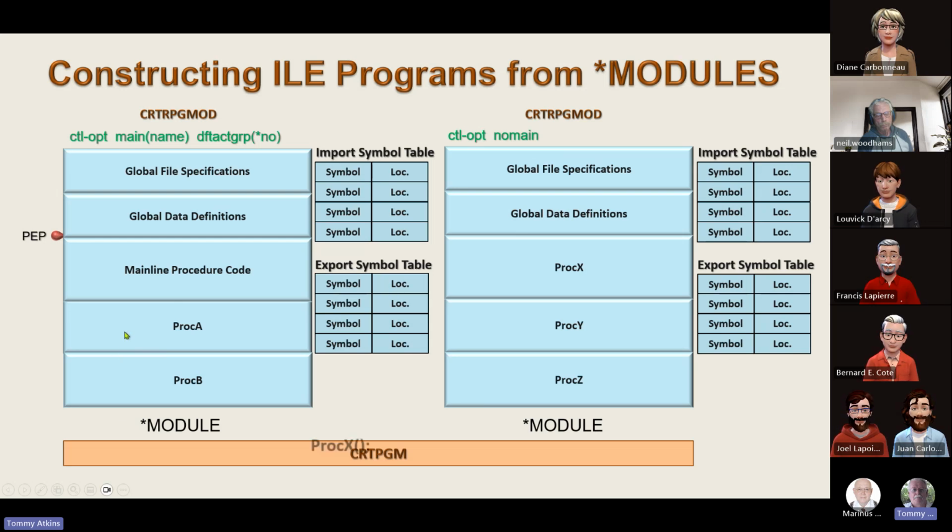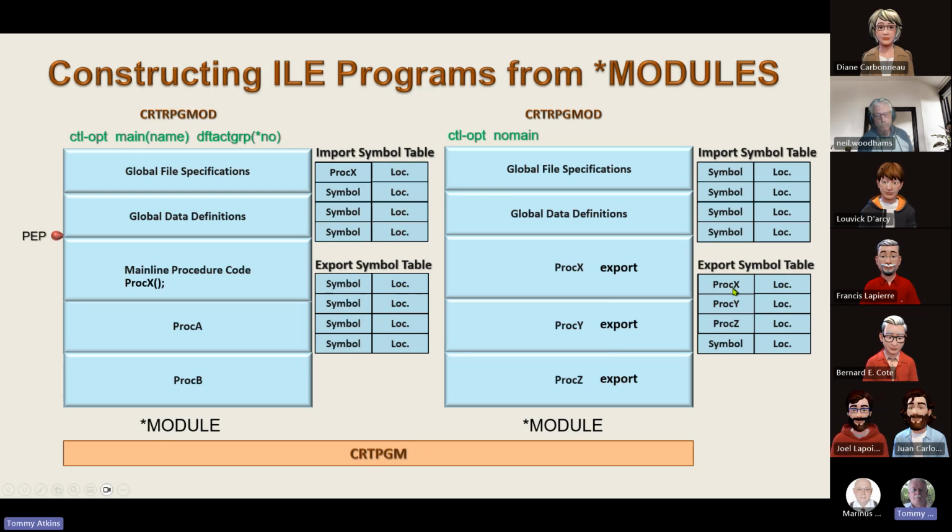But if the mainline procedure code here wants to access proc X, which is not in this module, while you're compiling this module, it will see that it's not available, so it will put that into the import symbol table, saying, in order to complete this exercise, I need proc X. What we would have to do on this module is to add an export keyword to each one of the procedures here, and they would be put into the export symbol table with their location.